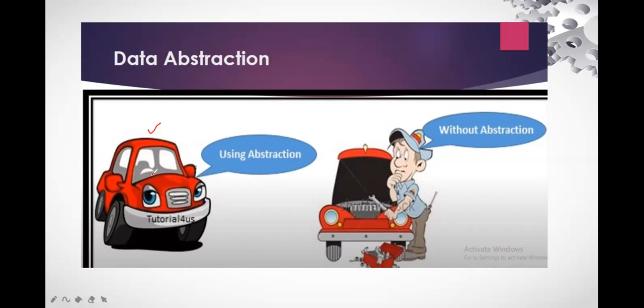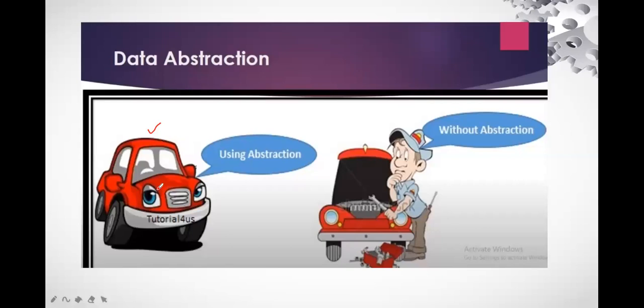It is starting with the key, right? When the accelerator pedal is pressed, how the car is being accelerated, how the fuel is being generated, how the electricity is being generated, how the power is being generated. These details are hidden from the driver.